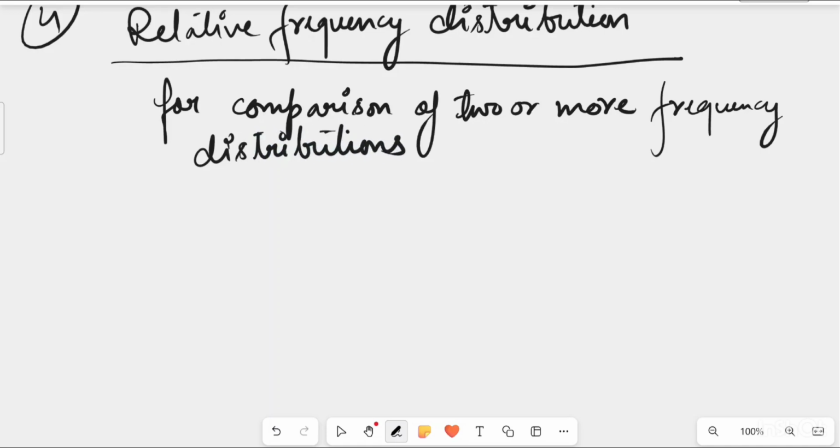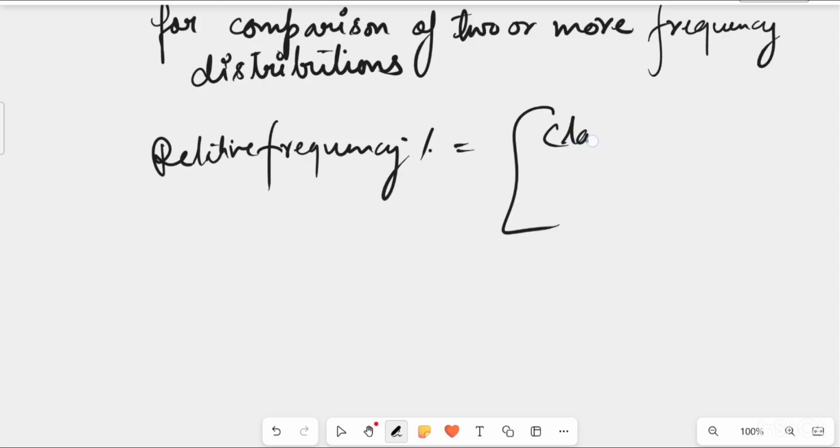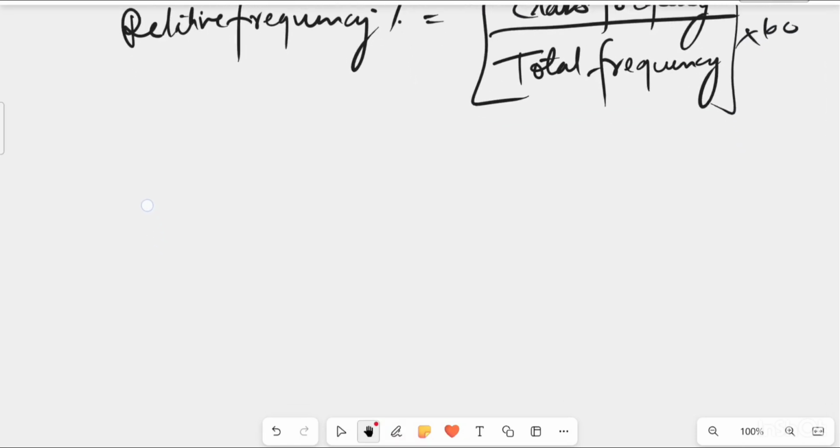So how can we find this? Relative frequency percentage is class frequency by total frequency into 100. So these are the types of frequency distribution.